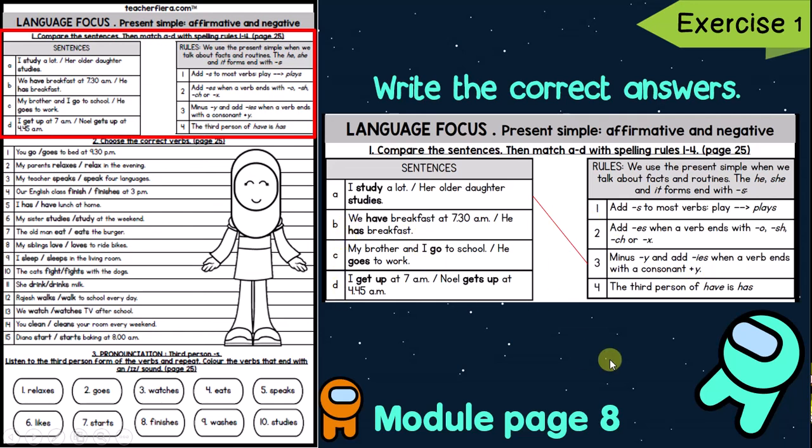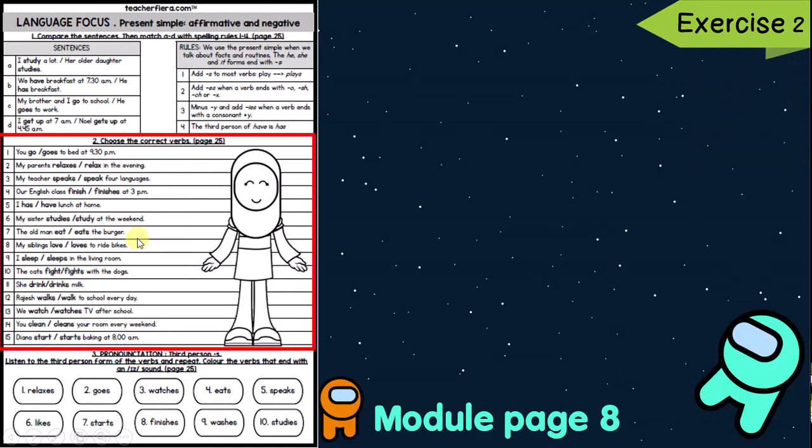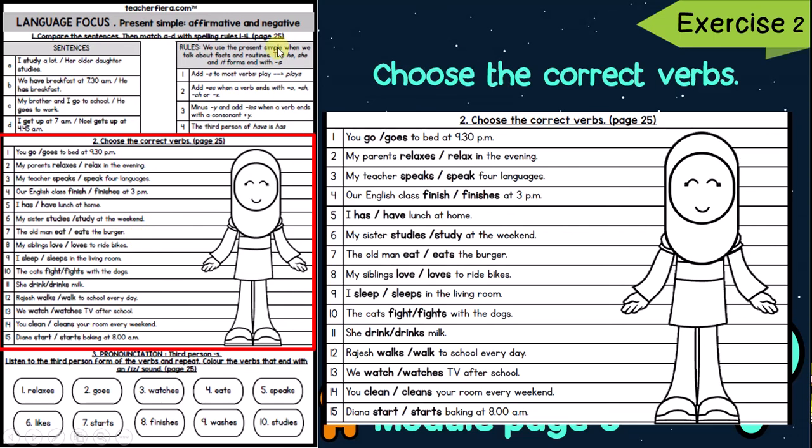You match. Right, next, exercise 2. Exercise 2 is this one. Alright, choose the correct verbs. Pilih verbs yang betul. You can circle or you can underline. I will pick a sentence randomly to help you. I will help you with number 8. Look at number 8, everyone. My siblings love or loves to ride bikes. Adik-beradik saya suka menunggang basikal.